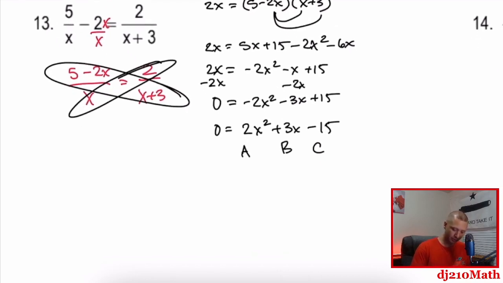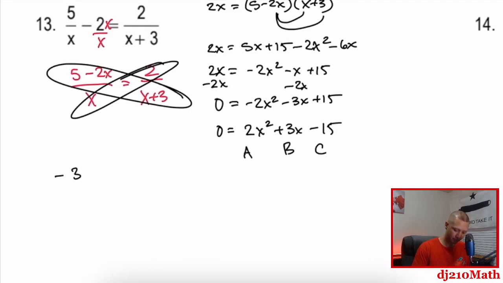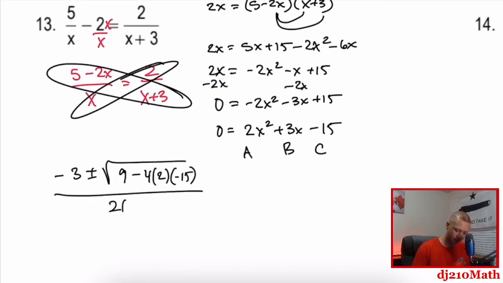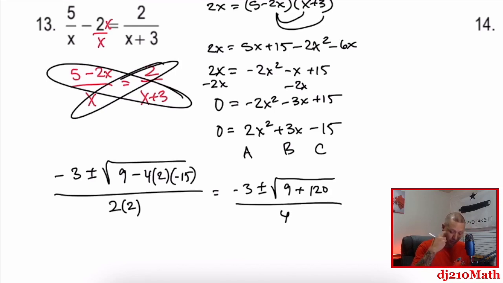All right, so this is going to be minus b plus or minus the square root of b squared minus 4 times a times c. That's not nice at all. Over 2 times a. Okay. -3 plus or minus the square root of 9 plus 120, right? Because 2 times 15 is 30. 30 times 4 is 120, over 4. So 129.